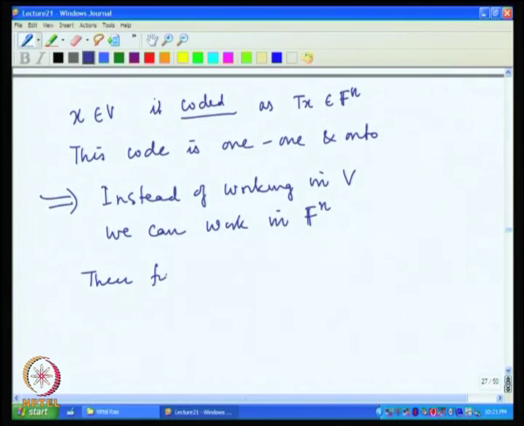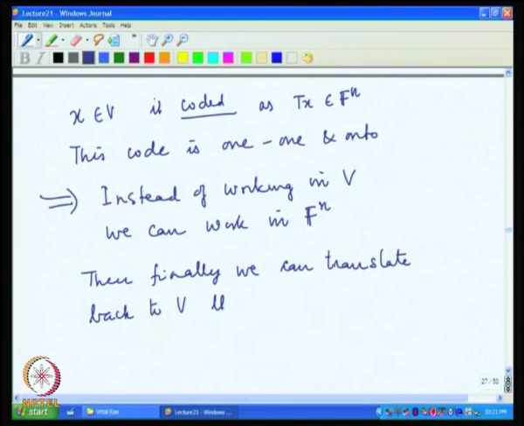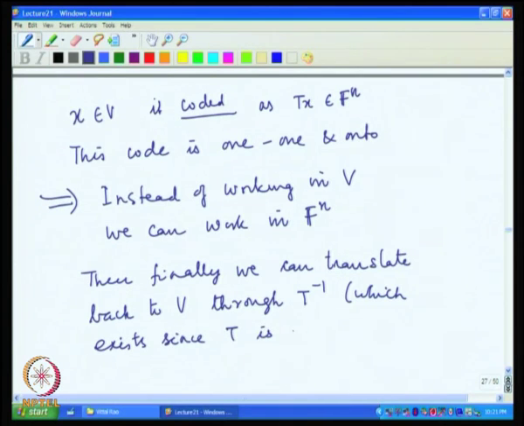This is because T is 1-1 and onto. So, it will automatically have an inverse map, and that inverse map will carry the decryption part of it. It will carry the coded Tx to the original x, and therefore, finally, we can translate back to V through T inverse, which exists since T is 1-1 and onto.